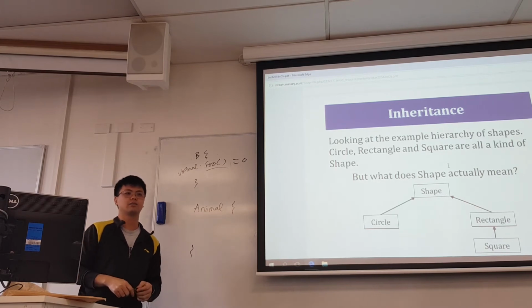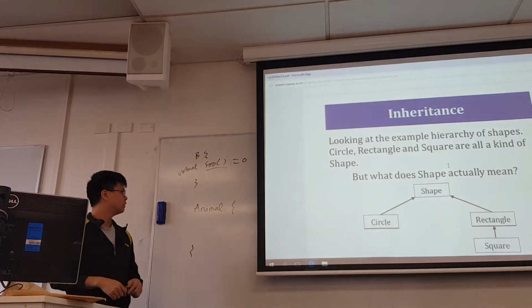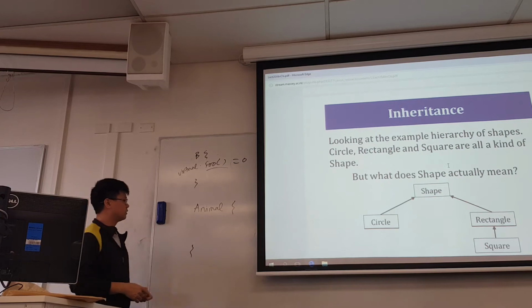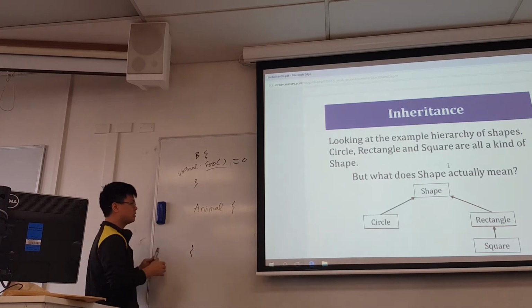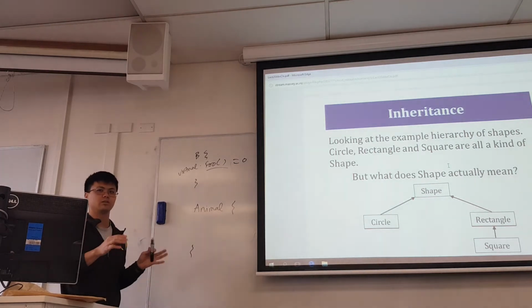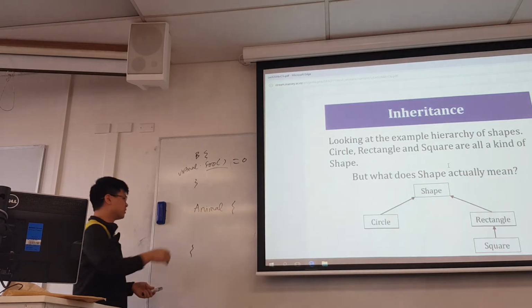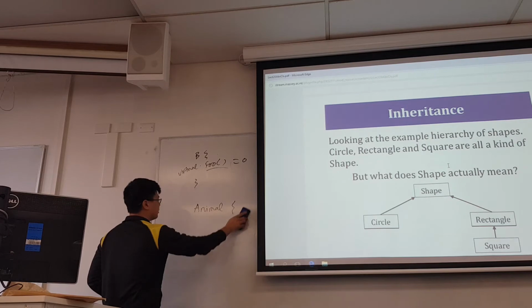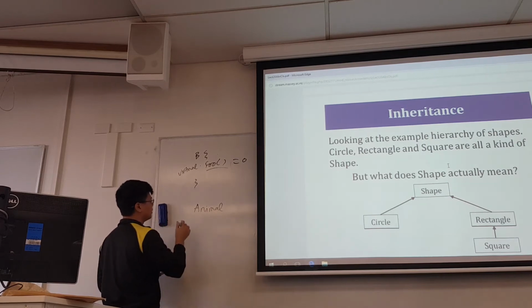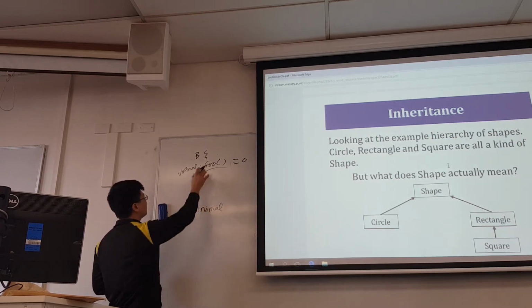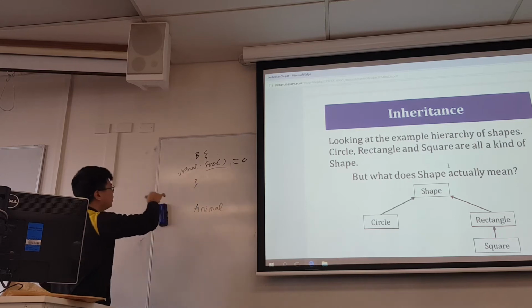Is it a cat or a dog or a baby? Right? So in terms of language, it doesn't make sense to have an object that is just an animal. An object has to be something more specific than animal.